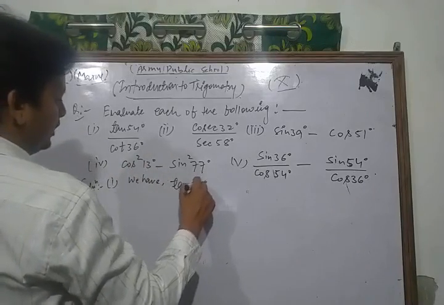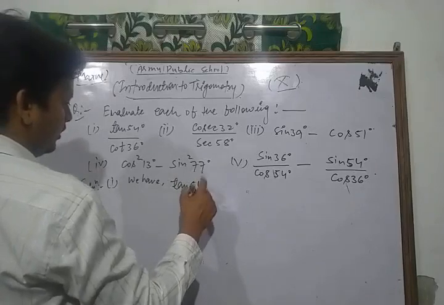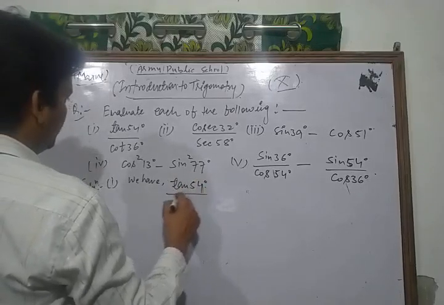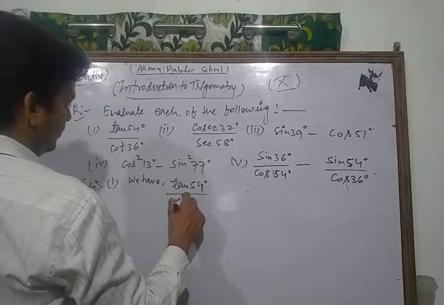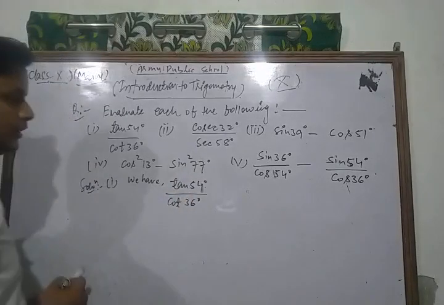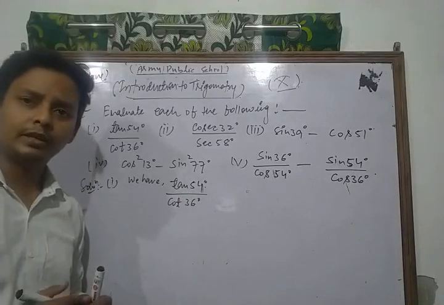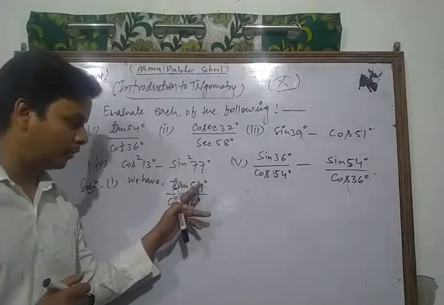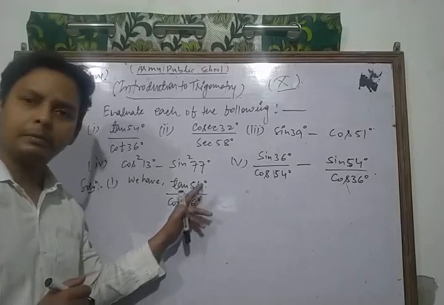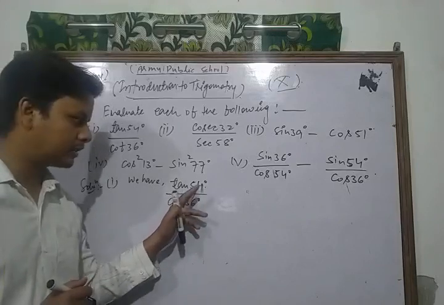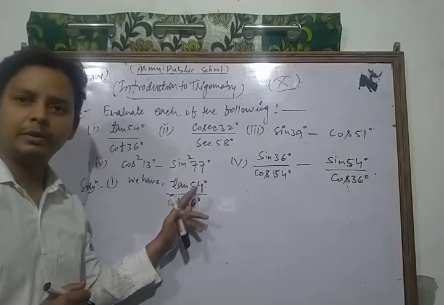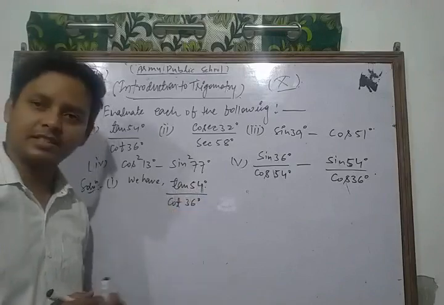So first of all, we have tan 54 degree upon cot 36 degree. So what I do for that? First of all, you observe that both the angles 54 and 36 are complementary to each other because their sum of measures is 90.